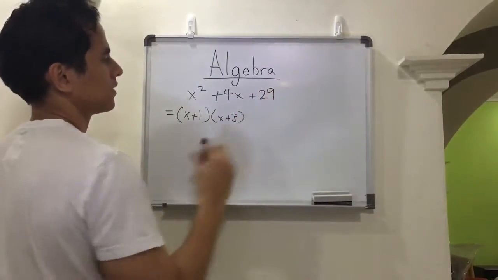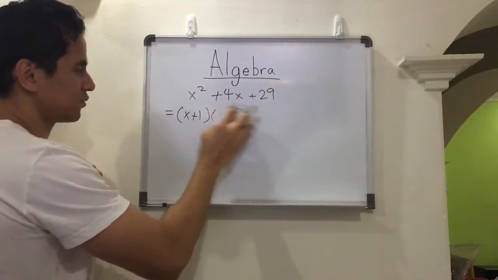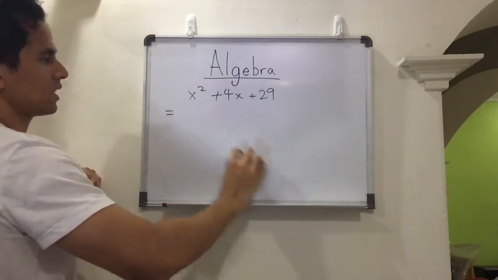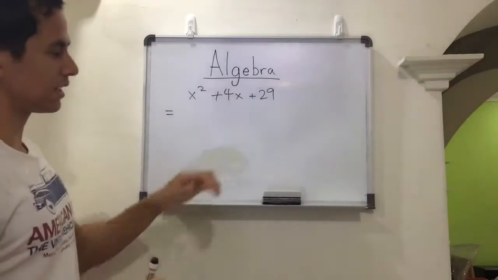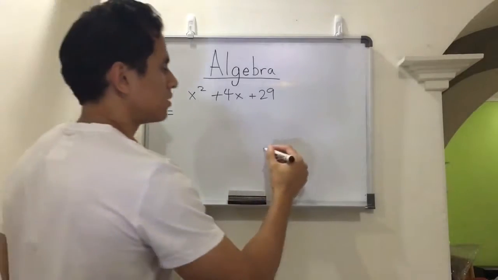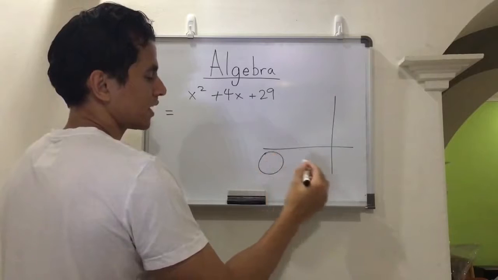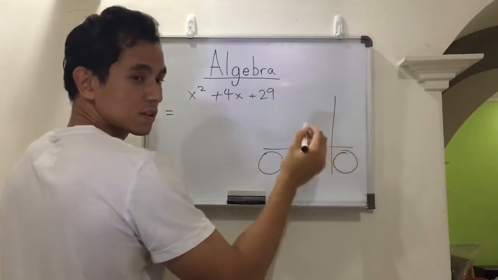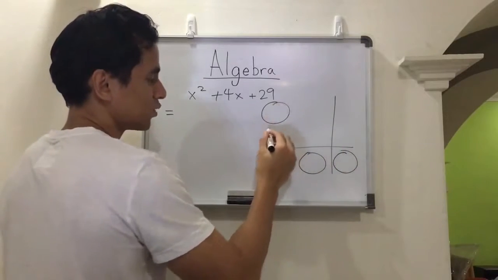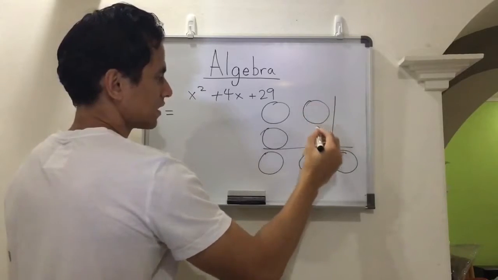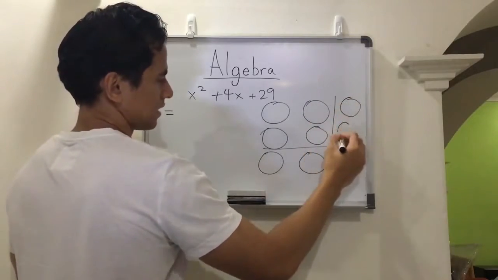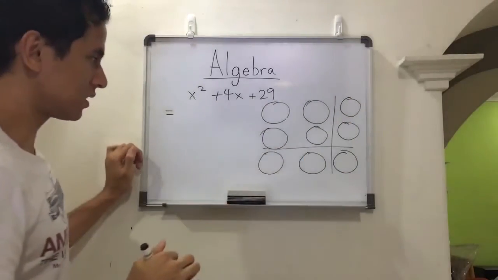I changed the question now, I changed it to positive 29. What do we get? Let's try the cross method again. So we're going to put the cross. I'm just showing the circles just for you, but you don't have to use this in the working. Okay, so I'm putting the circles again. From next example onwards, there won't be any circles.